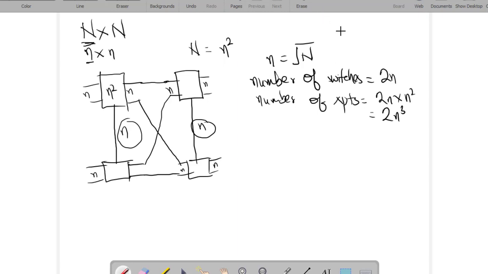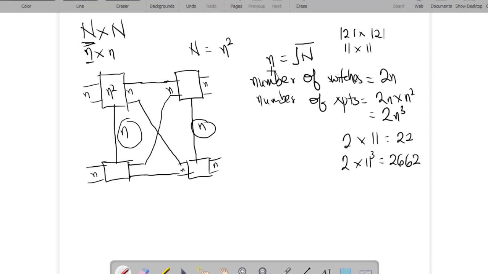So for instance, if you were to design a 121 by 121 switch using 11 by 11 primary and secondary switches, the number of switches is going to be 2 times small n, which is 11. That gives us 22. Then our total number of cross points shall be 2 times 11 cubed, which gives us 2662.